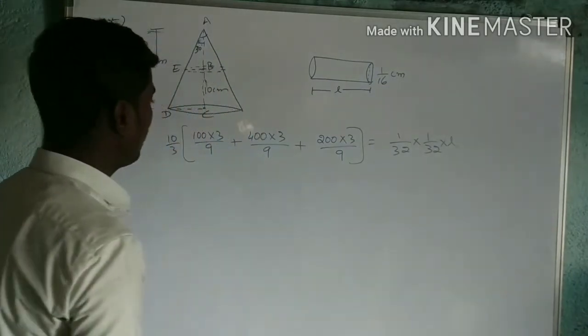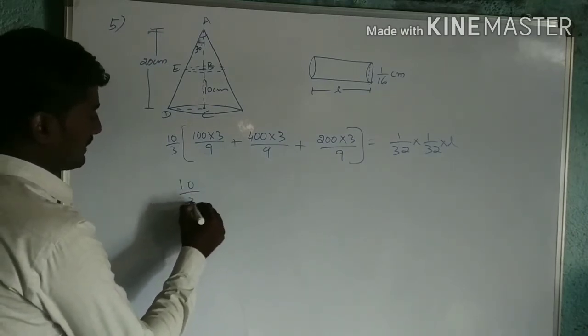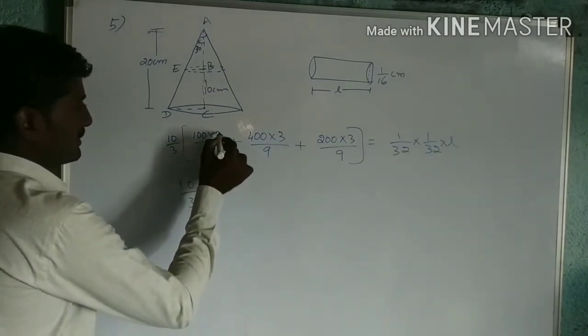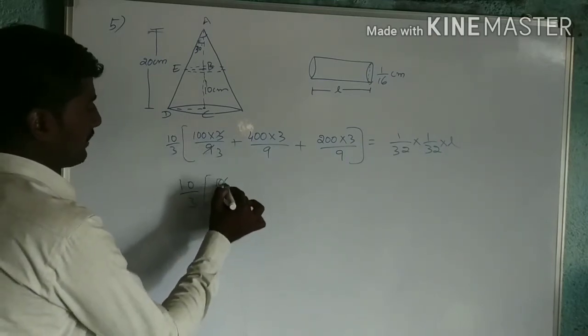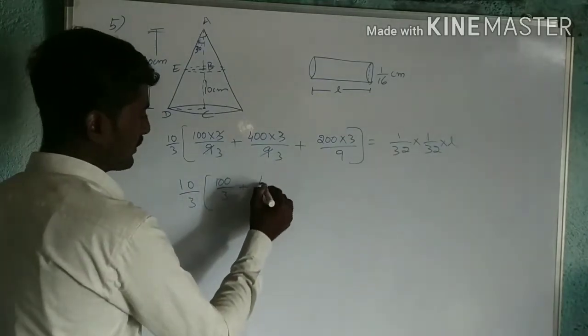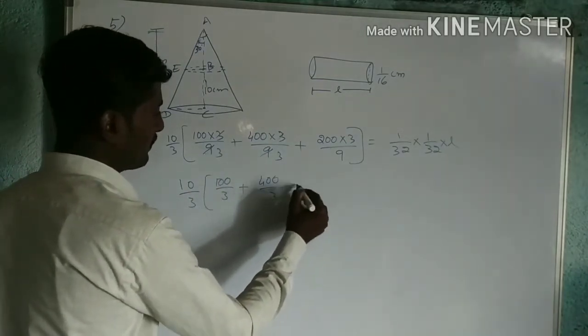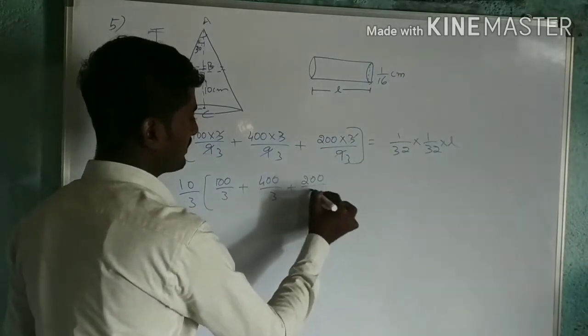Now we have to simplify this. I should get the value of L. Next, 10 divided by 3. So 3 3s are 9, so 100 divided by 3, plus 400 divided by 3, plus 200 divided by 3.